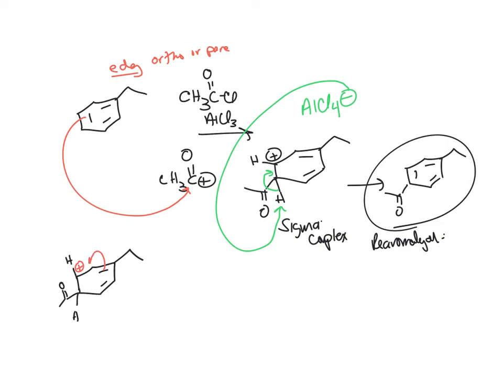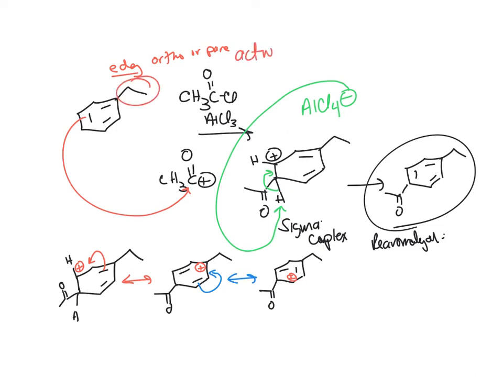So those electrons would push towards that sigma carbocation. And this would put the positive charge there. Those electrons would go here. And what I want to point out here is that alkyl groups are activating.